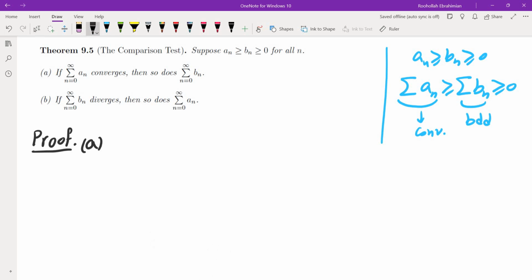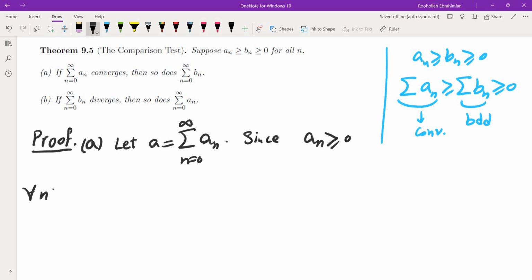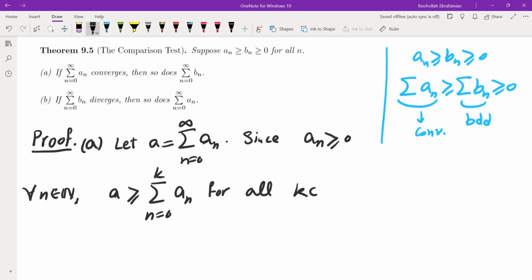So let A be the sum of a_n, n equals 0 to infinity. Since a_n is greater than or equal to 0 for every n, A is greater than or equal to the sum of a_n from n equals 0 to k, for all k.